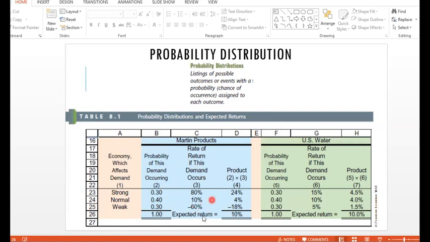If we take the weighted average, then the average expected return would be 10%. So this 10% represents the expected average return of Martin's products. Similarly, we have US Water. The expected return is also 10%.